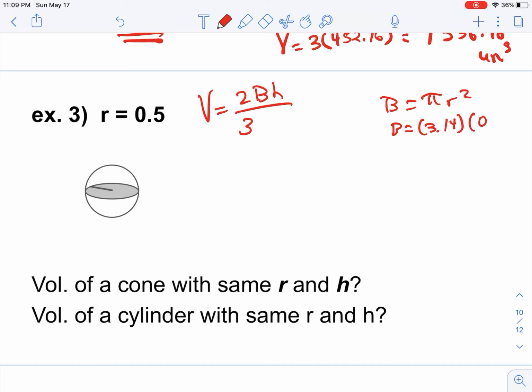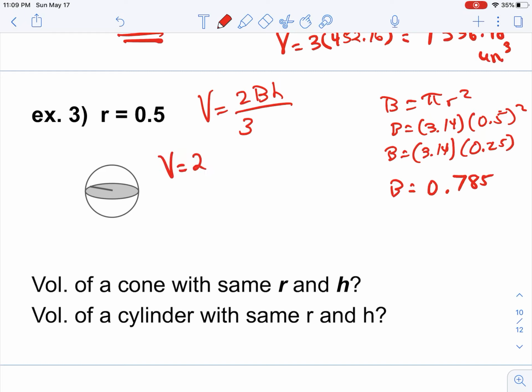So 3.14 times the radius is 0.5, and that's squared. So 3.14 times 0.25, and let's multiply this out. 3.14 times 0.25 gives us 0.785. So that's our big B.